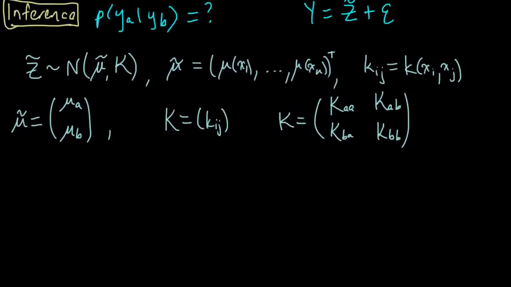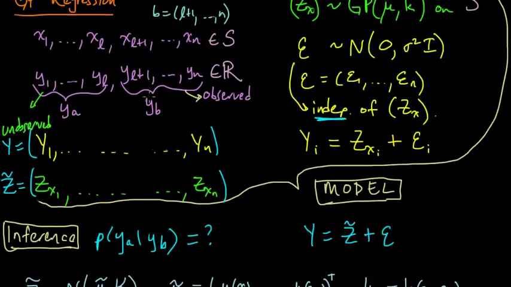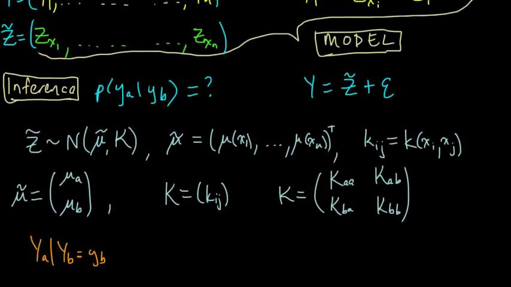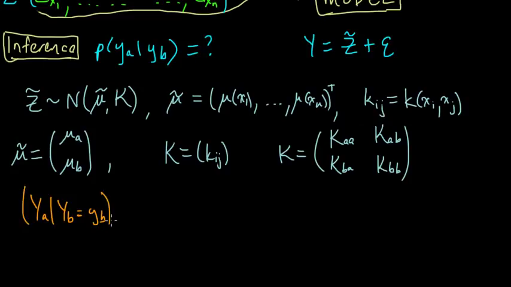So we know that ya, given that yb takes the observed values yb, remember, we had these observed values yb, and the conditional distribution of this is normal. In other words, this probability is the density of a normal with the following mean vector and covariance function. So this is equal to, we have our answer.